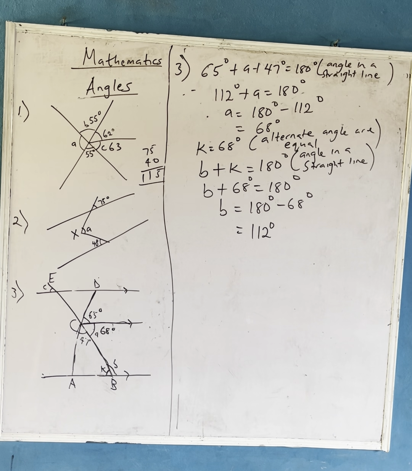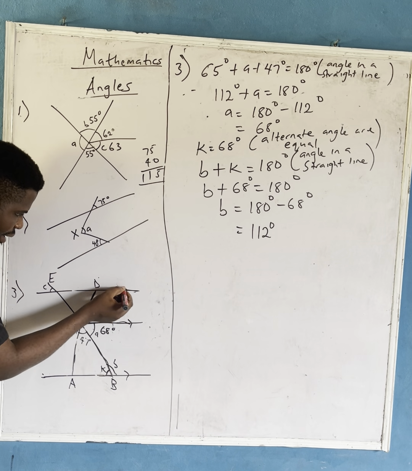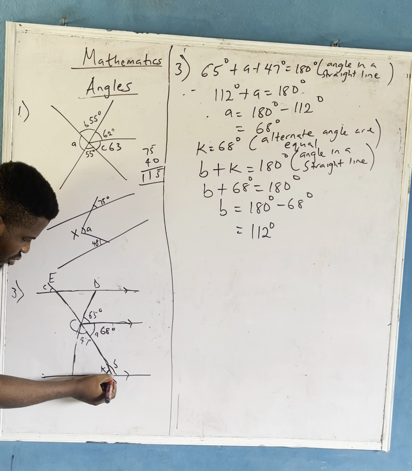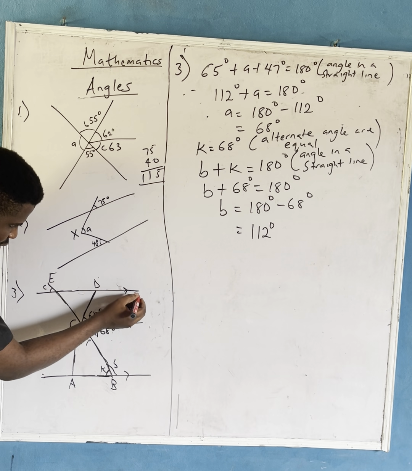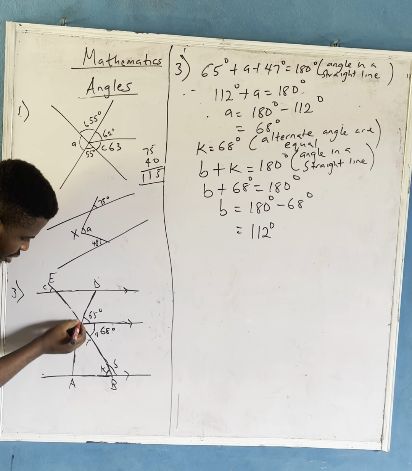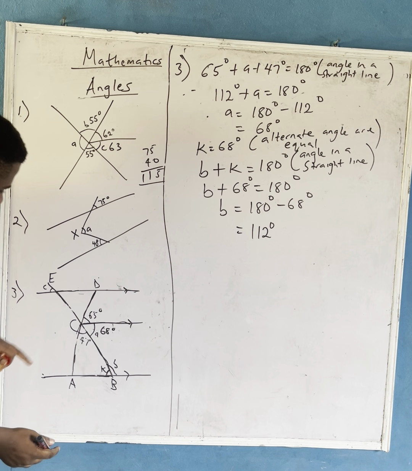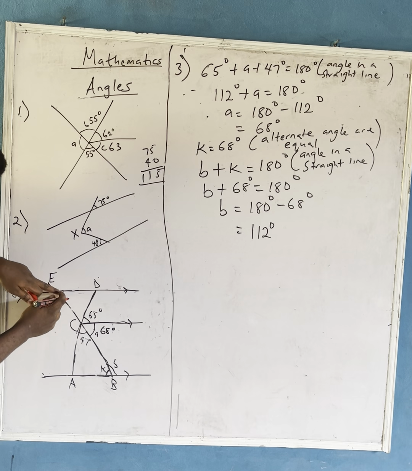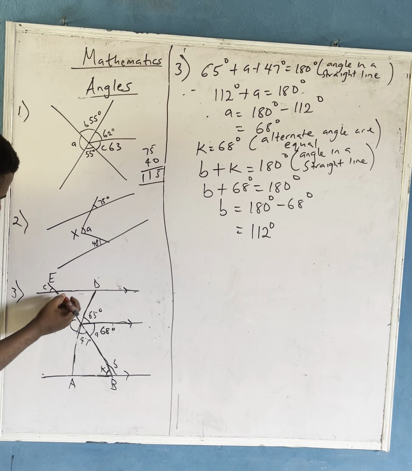And if we notice, this line to this line here, to this K here, there is a Z here. If you do it like this, there is a Z there. And this place and this place are alternate angles.